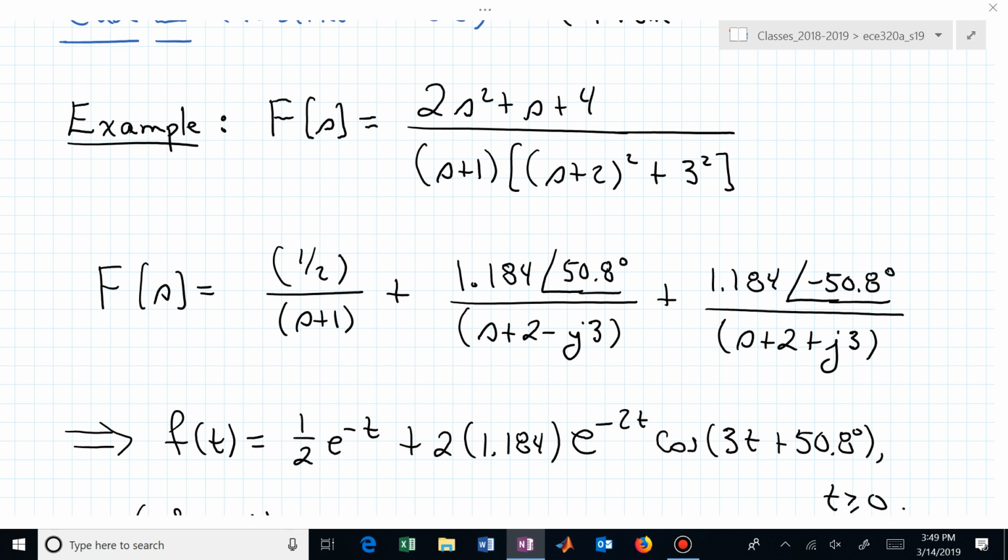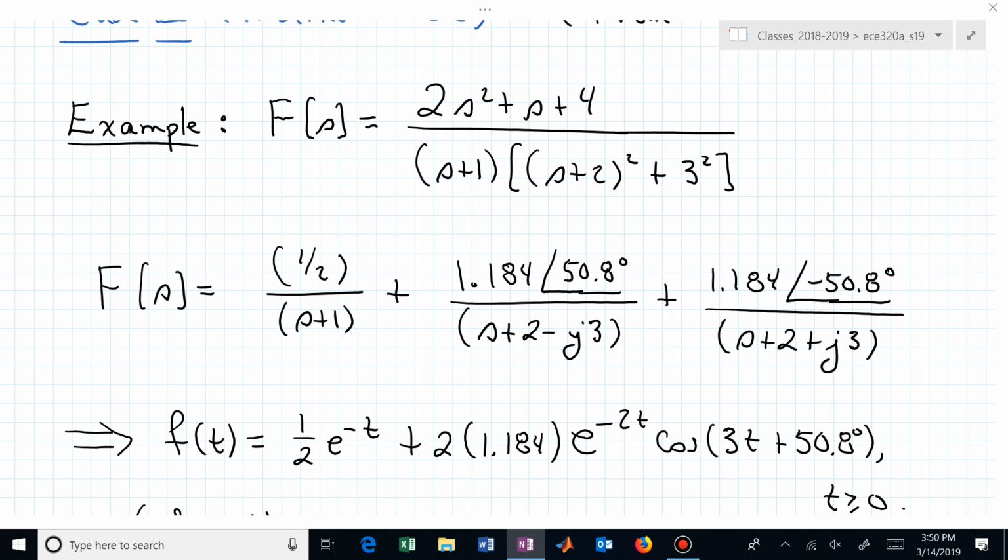The time domain expression associated with complex roots: anytime you see complex roots, you need to immediately think exponentially damped sines and cosines. In this case, and it's shown in the notes I provided after class last time, you can find how this arises, but we have 2 times the magnitude of that coefficient, e to the minus 2t, that's due to the real part of the complex pole.